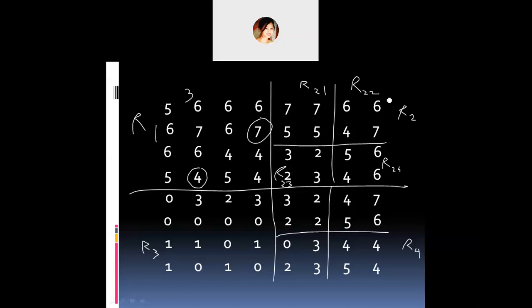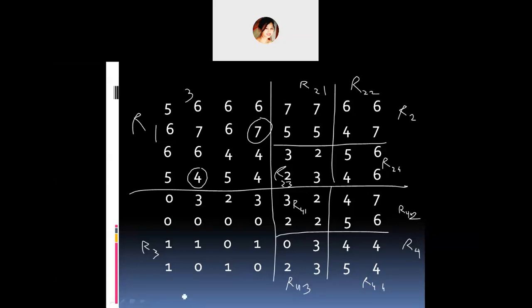Okay, leave it. I'll show this again. I'm getting confused. Now this R4 is again subdivided into 4 regions, right? So name them accordingly: R41, R42, R43, and R44.